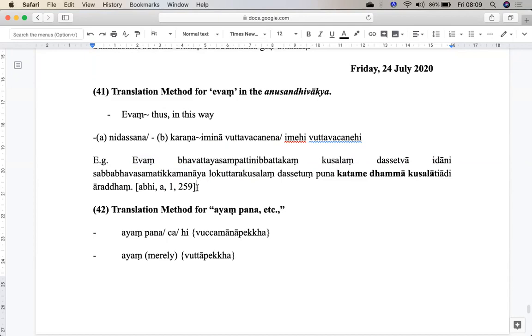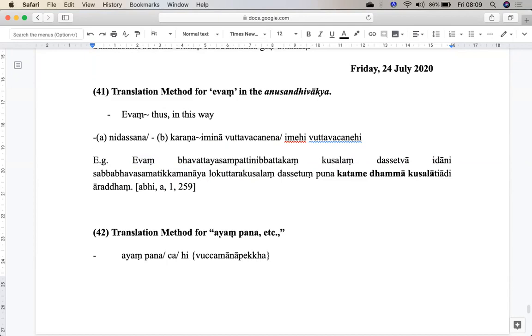Okay, later I will skip the rest, and just focus on the word evaṃ here. Evaṃ, or in this way. That is nidassana.